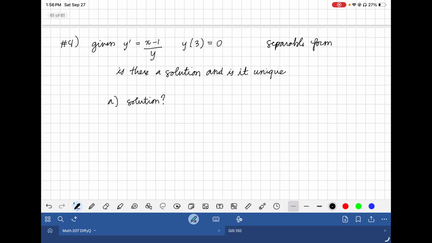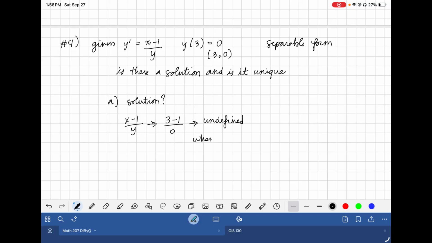And then we also see that y is on the denominator, so if y is equal to 0, that would make this equation undefined, since y is on the denominator and it is equal to 0.